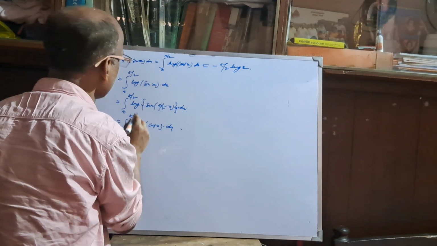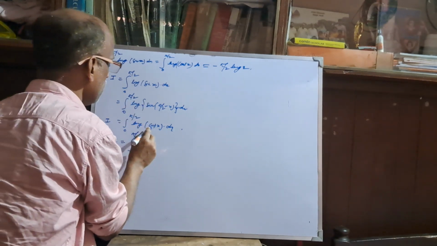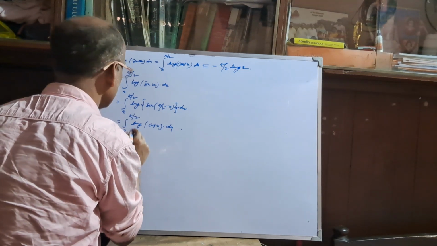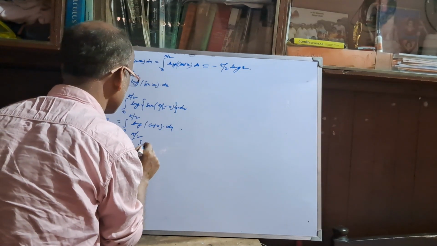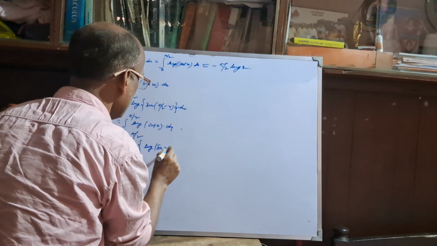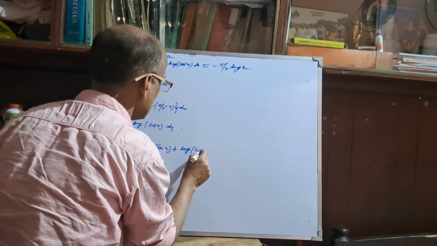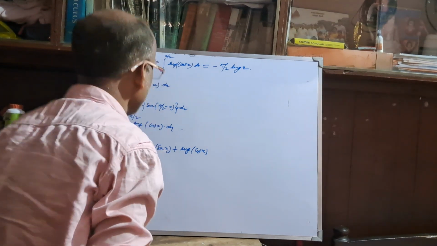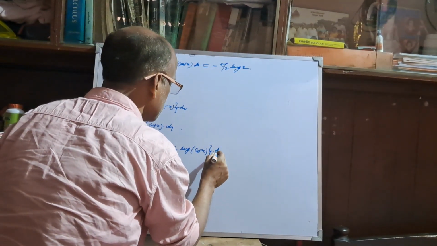I can write it directly, log sin x plus log cos x, because the limits are the same, so we can write in this way, dx.